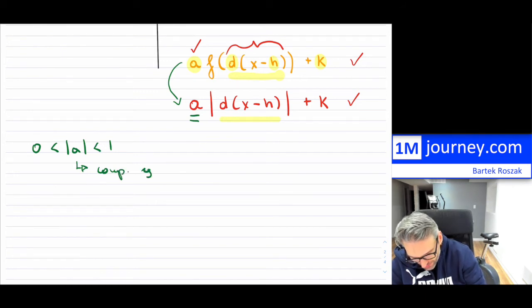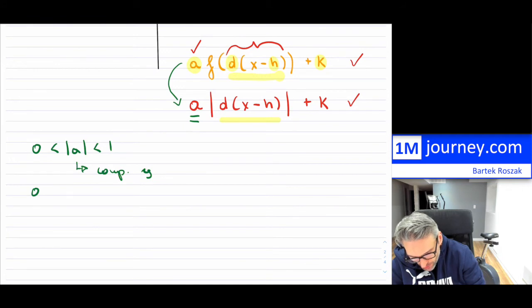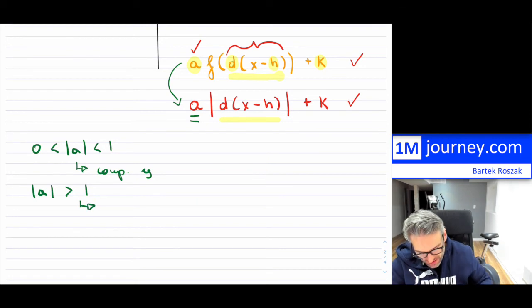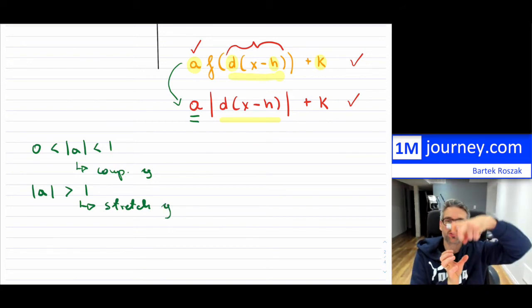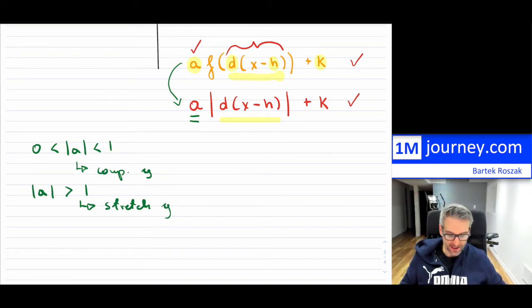Now, if on the other hand the magnitude of A, or the absolute value of A, is greater than 1, then in this case you have a stretch in the y. It's going to be stretching it out in the y.